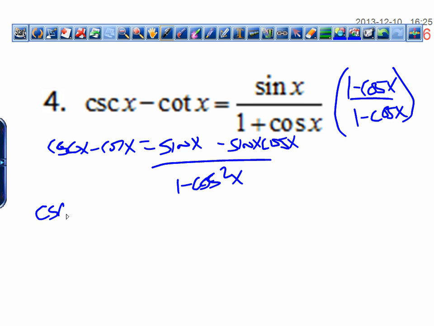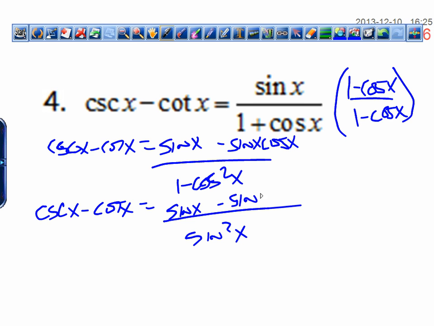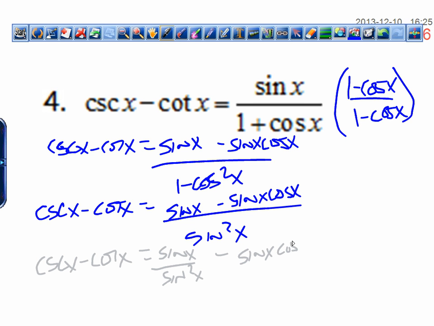Well, this whole denominator is sine squared x. And that's from our Pythagorean identities. So then I get sine x minus sine x cosine x. Sorry, I'm going to change colors. My bad. And then kind of our last step before we get the answer is to rewrite this as sine x over sine squared x minus sine x cosine x over sine squared x.